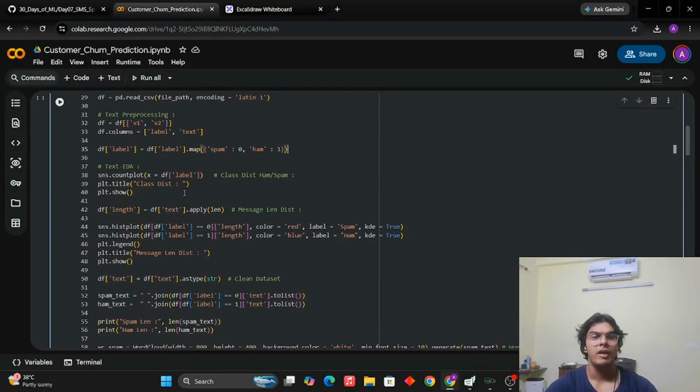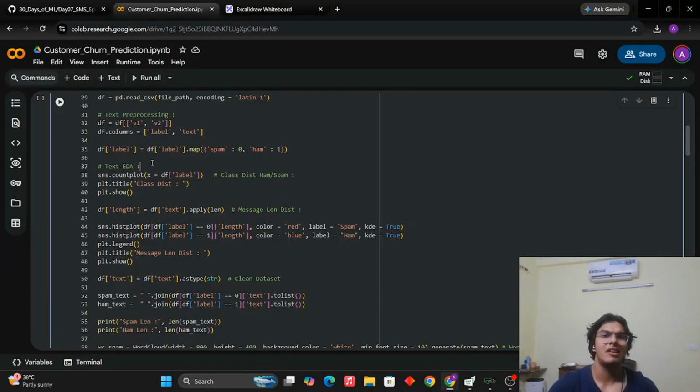Now, very important, we go on to the EDA. In the EDA, you need to be very careful. In such classification problems, the data set is often imbalanced, meaning that there might be more spam values than ham values. This is similar to what occurred in our day one churn prediction problem as well.